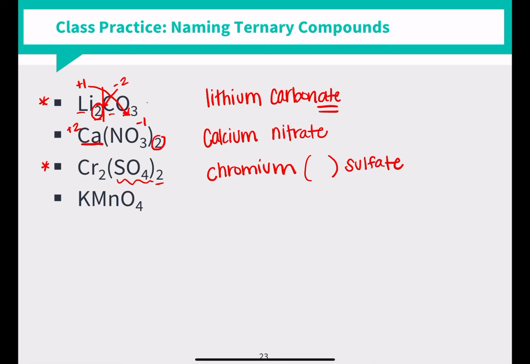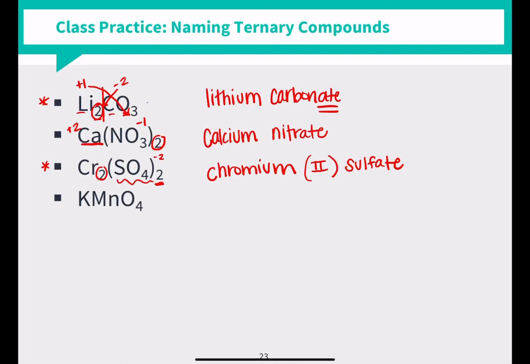If you look up sulfate, you'll see that sulfate has a -2 charge. Well, there are 2 sulfates shown here, okay? That's going to mean that chromium also would have a +2 charge, okay?